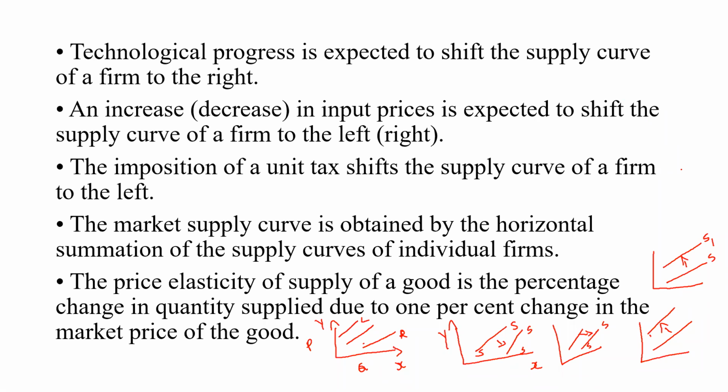By adding all the individual supply curves, we will get the market supply curve. This is the first individual and this is the second individual, then we will get the final market supply curve.